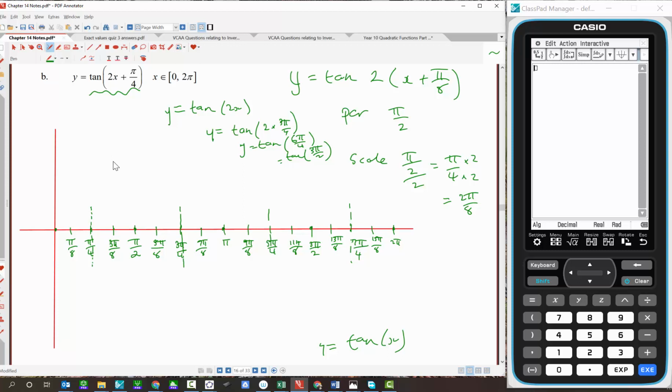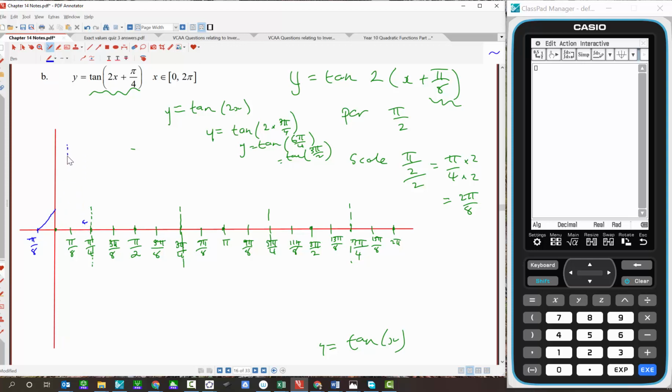All right, now remember, our job's not done because we need to move everything pi on 8 to the left. So grab a different color now. This point here is going to move over to here at negative pi on 8. What would usually happen is it's going to come up like that, but it would start coming up there, and then continue through to an asymptote, but the asymptote has also moved.